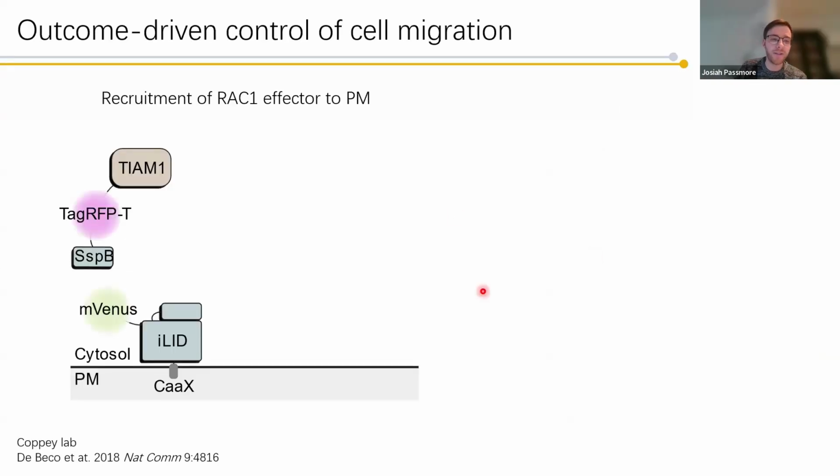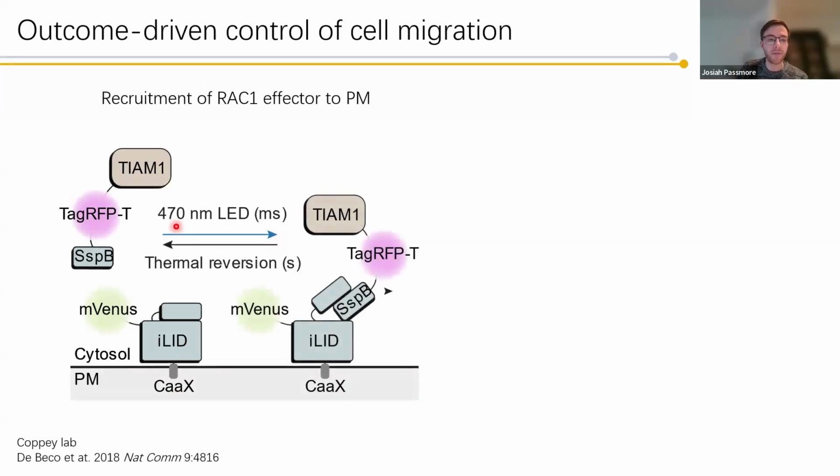And just to quickly dive into the optogenetics here, we use recruitment of a RAC1 effector, TIAM1, to the plasma membrane. What we do is we introduce into our cells two constructs. The first is this cytosolic construct, which is TIAM1, the effector, linked to a fluorophore and this SspB domain. And then we also express another fluorescent protein bound to iLID and then anchored to the plasma membrane using a CAAX motif.